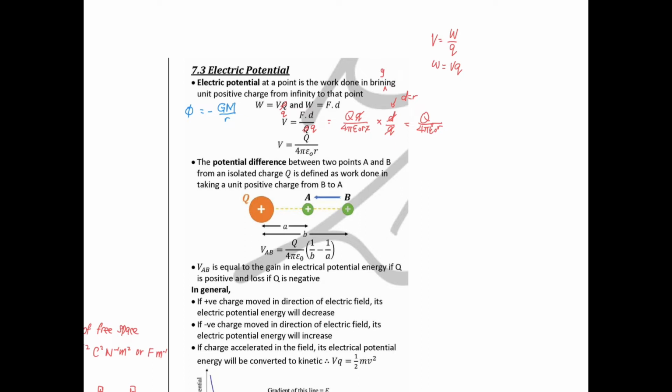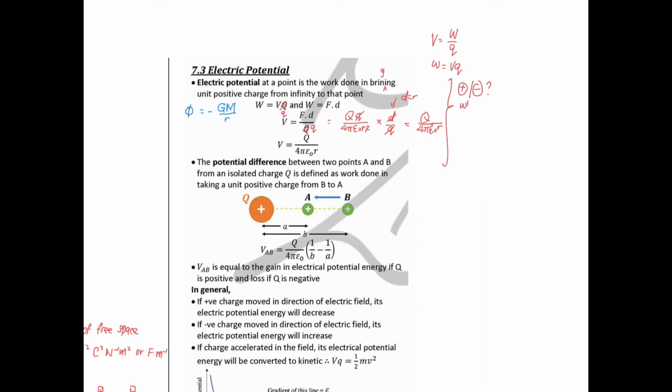So as you can see, gravitational potential is negative because it's attractive. So positive or negative, we have two situations.